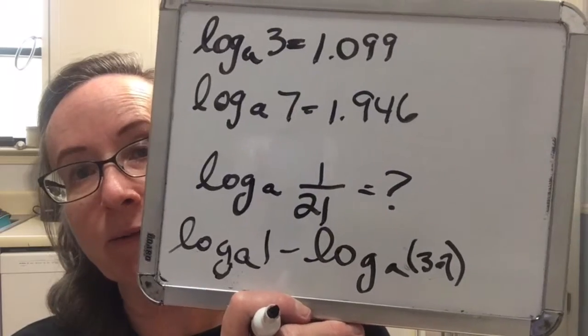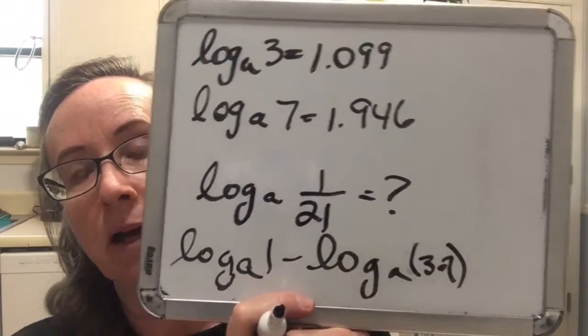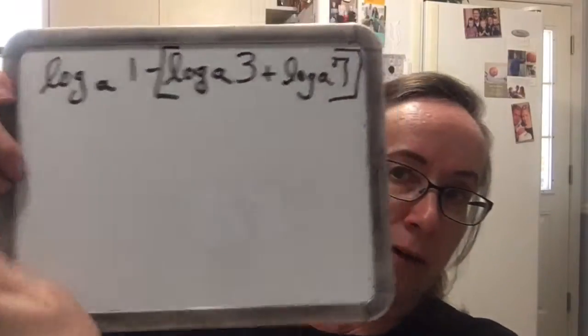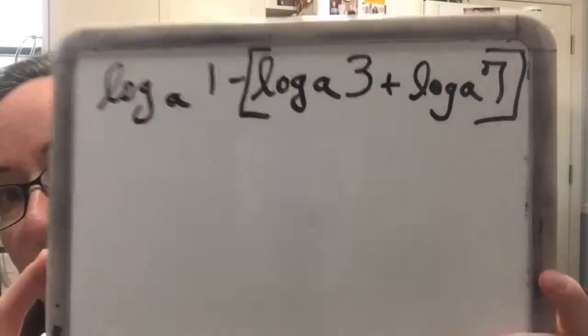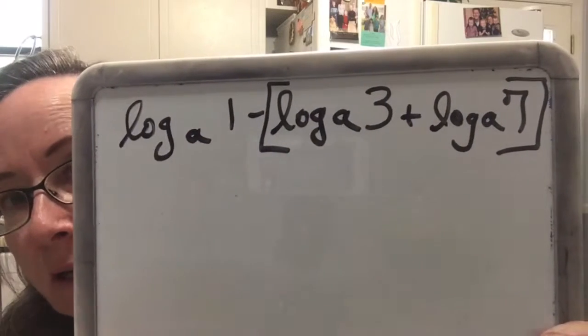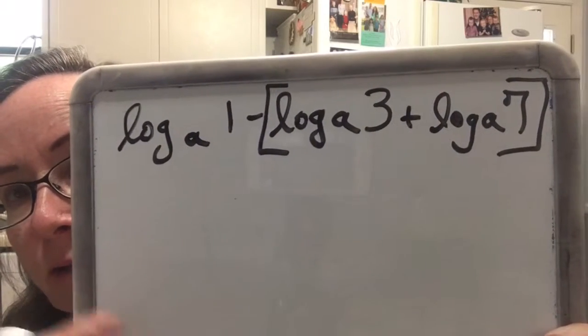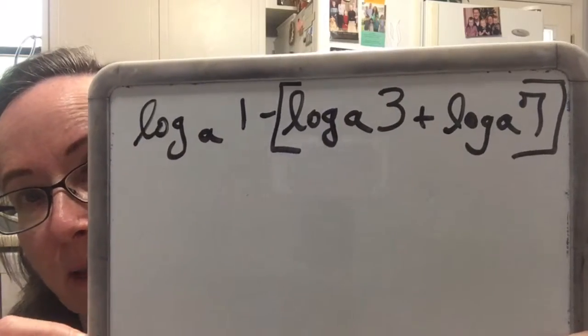I have to be very, very careful to make this minus right here distribute through the whole sum here. So I changed the product into a sum, and that minus sign that is following this term must go through the whole thing. So always use brackets when you turn your product into a sum.